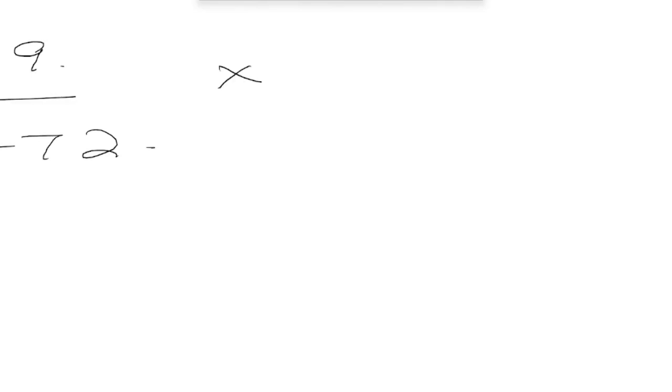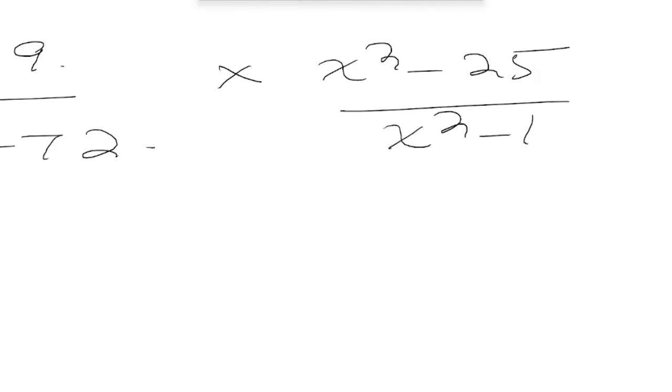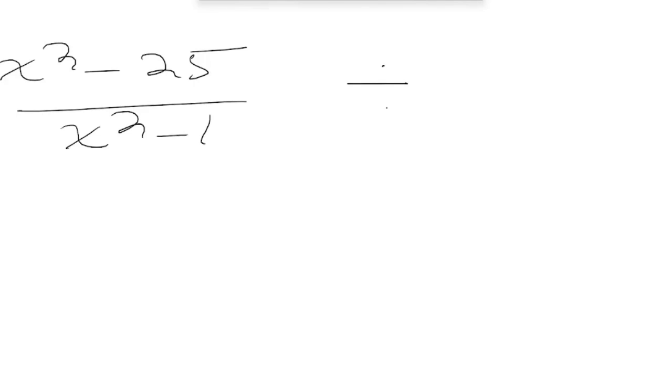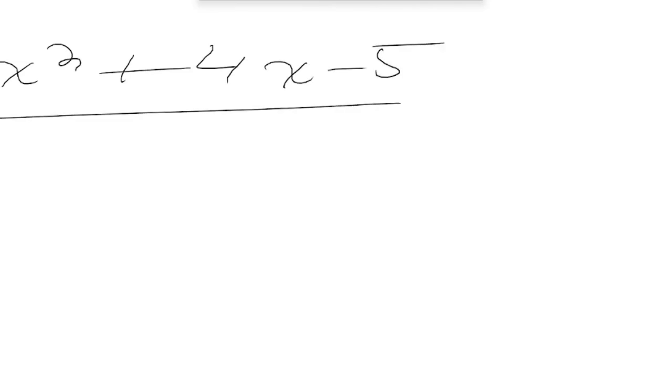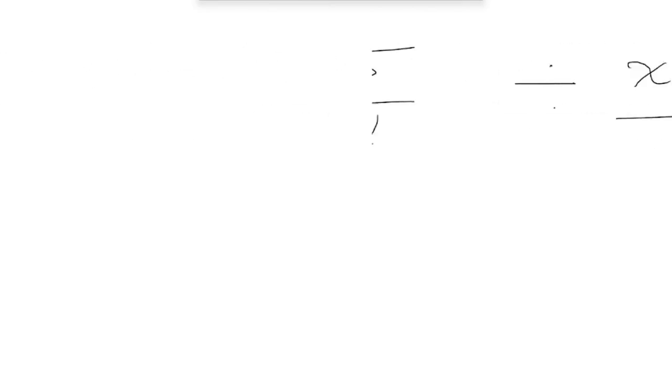Okay, then it is being multiplied with x square minus 25 and divided again with x square minus 1, and in the end we are using the division sign, and we have x square plus 4x minus 5 divided by x square minus 9x plus 8. Okay, now let's simplify this.